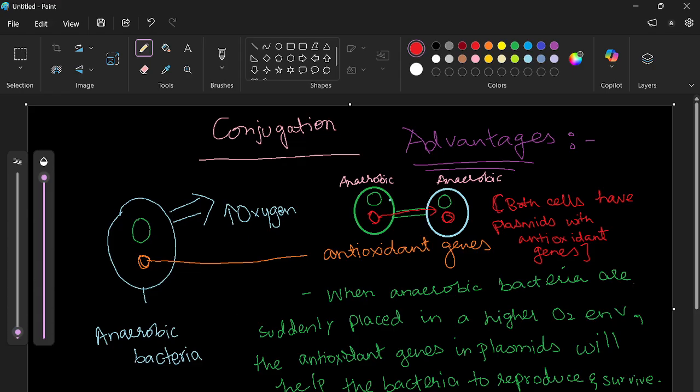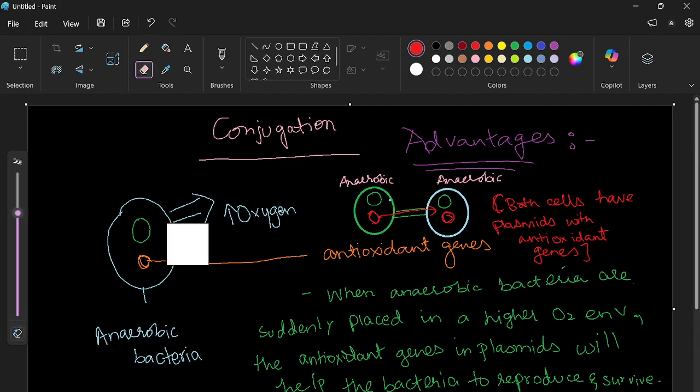So you must also know that genes basically are small regions of DNA which code for the proteins. Okay, this is a very important point. I'll be discussing it in my future videos. Okay, so this was all about the conjugation process.